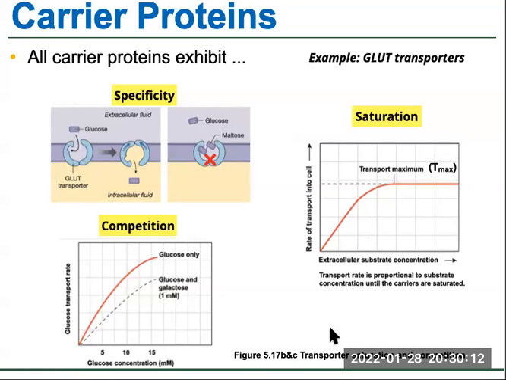In the example given here, we've got our GLUT transporters, which are a family of transporters able to bind to and transport 6 carbon sugars, or hexoses.